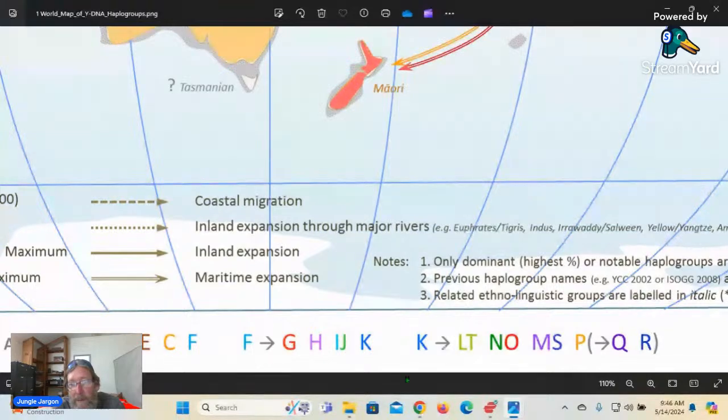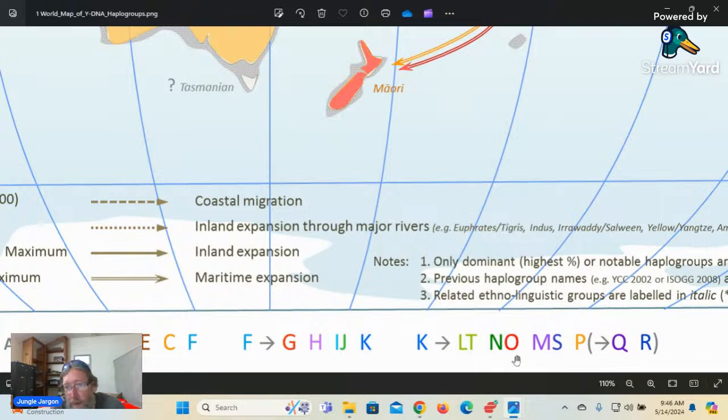Then you have the K, L, M, N, O, P, Q, R, S, and T. Like I said, LT is a split closely associated with each other, even though they're not the same. I mean, they're in the same area, but they're two different lineages. But they're both Greek, so there's that.